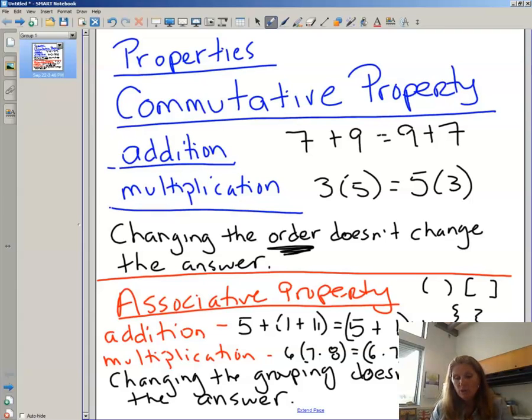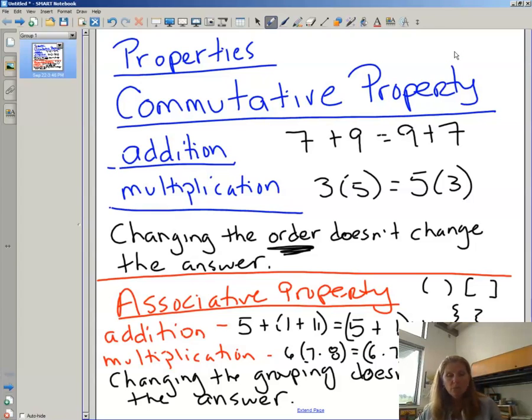So notice I'm not changing the order on this property, I'm just changing the grouping symbols. And remember that when a number is outside of parentheses, it means multiply unless you put a plus or a minus in there. If you don't see any other operation, we assume that it's a multiplication.